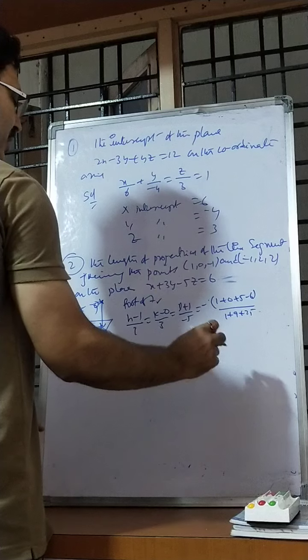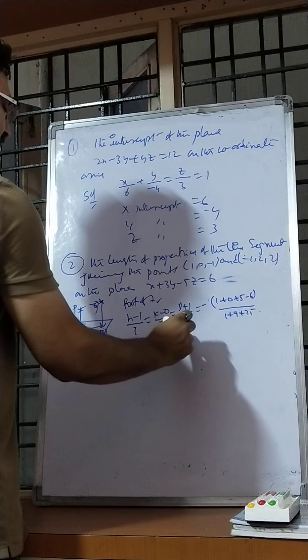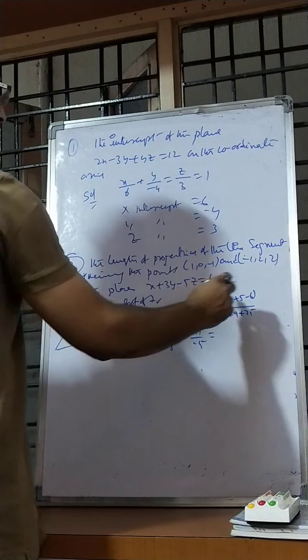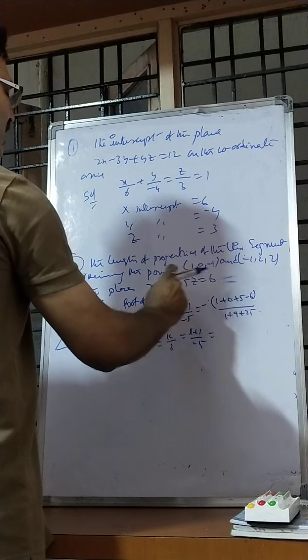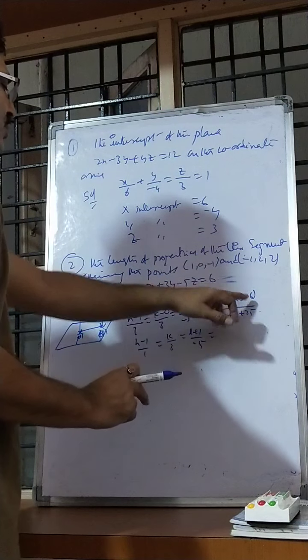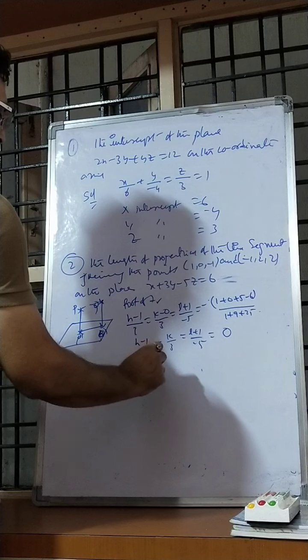I substituted 1, 0 and minus 1, so that it is 0. So the point is 1, 0, minus 1.